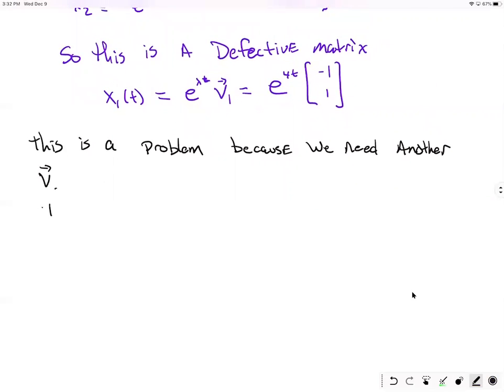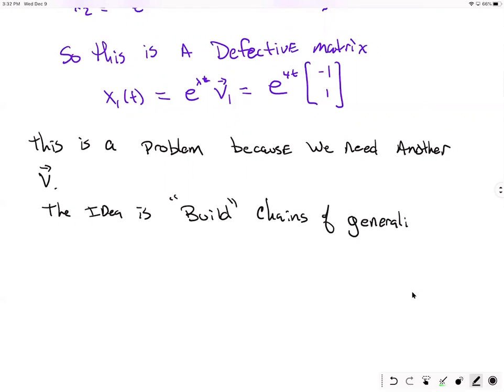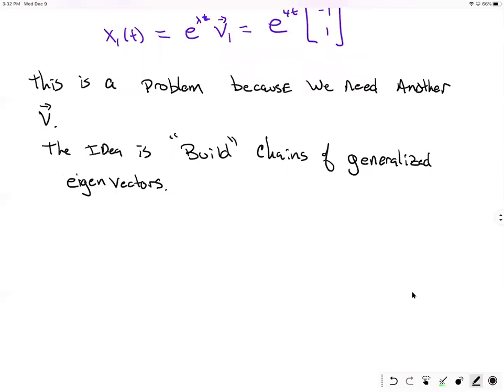So what we do, the idea is to build what's called chains of generalized eigenvectors. Let's do this as carefully as we can.